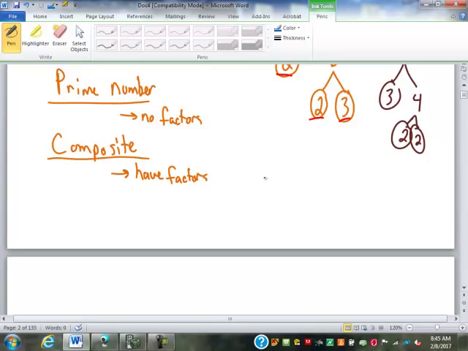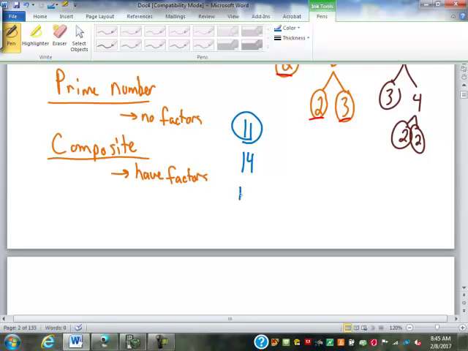Just a quick run through before we do more prime factoring. 11, prime or composite? So that makes it prime. 14, prime or composite?